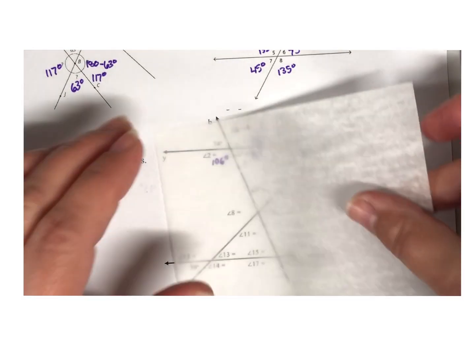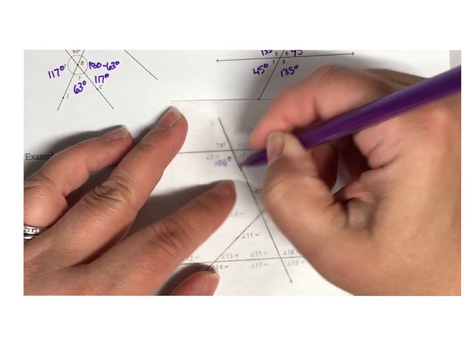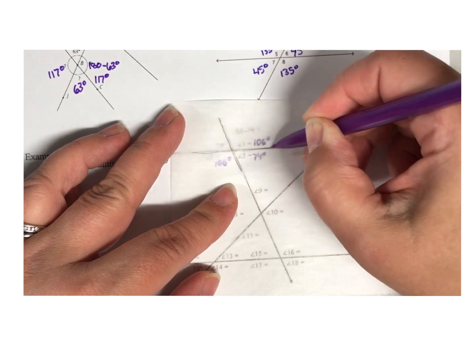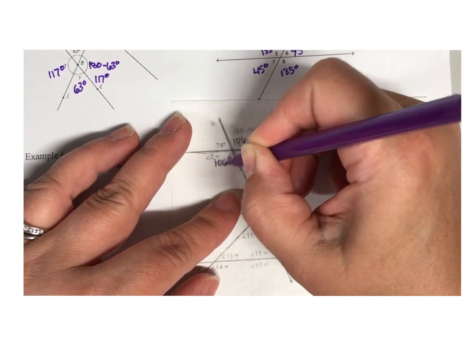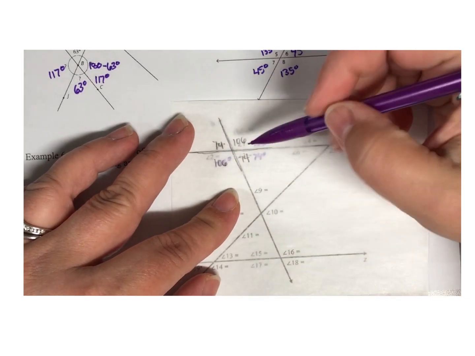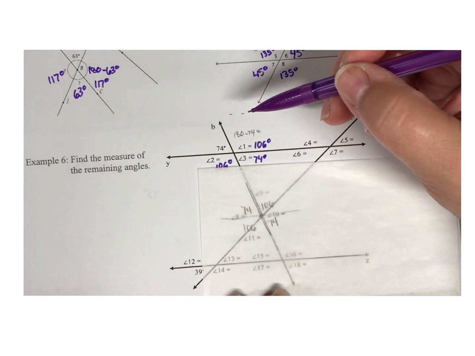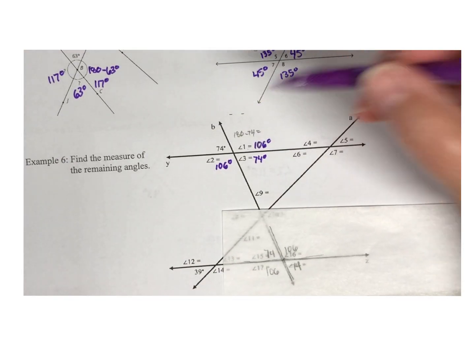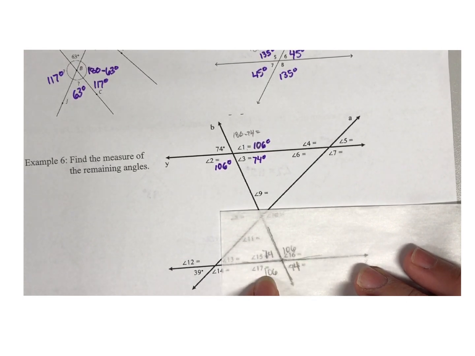If I don't understand that, I can trace them like we did before. So we have 106, 106, 74, 74. And notice how I'm going to take this and slide it down that line all the way to the bottom. Notice how it makes this one down here 74, 74, 106, and 106.